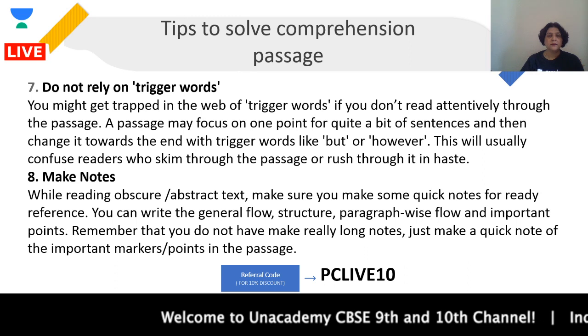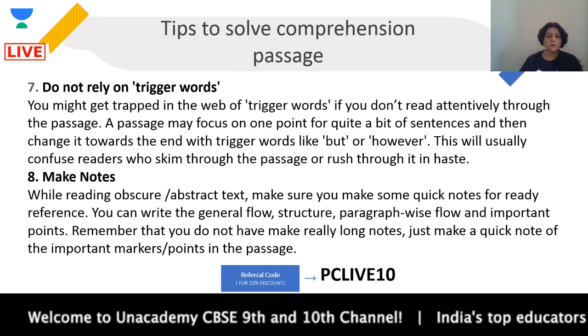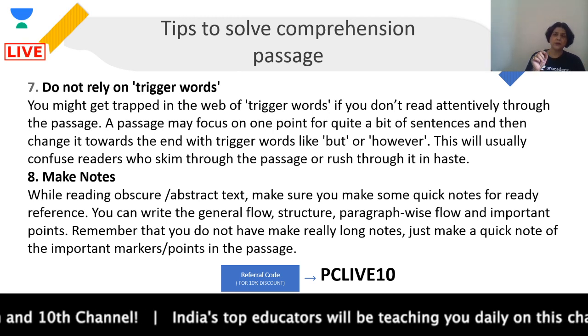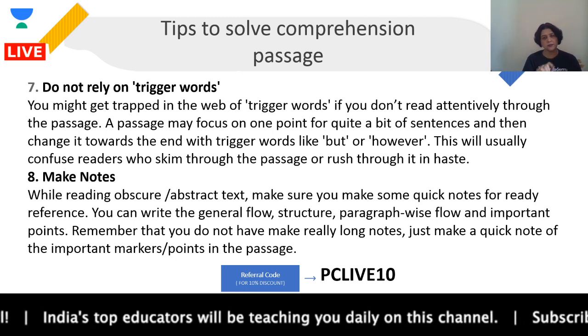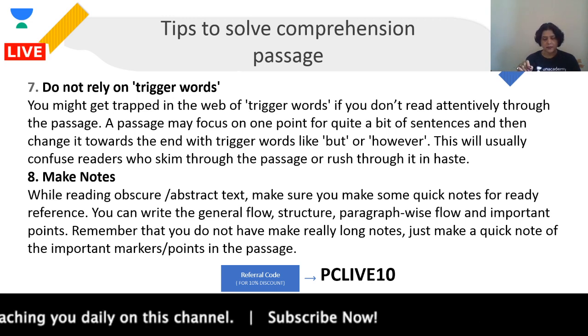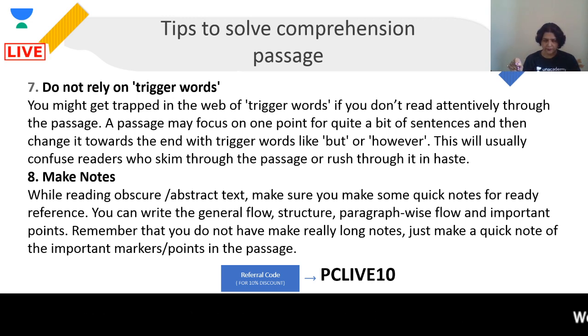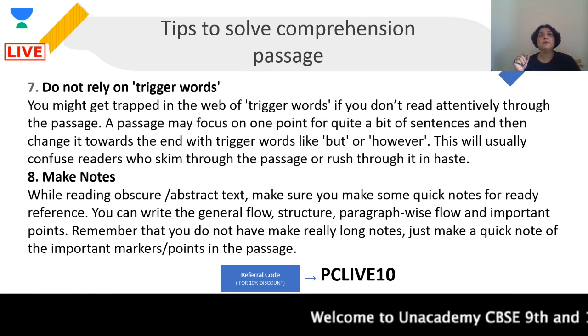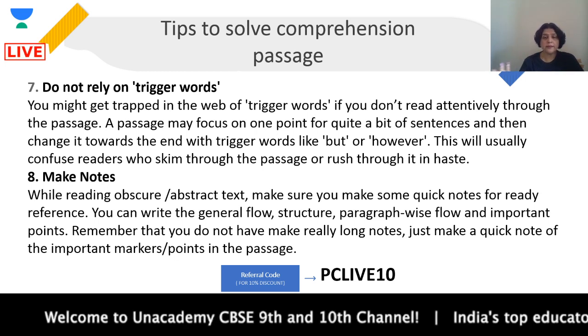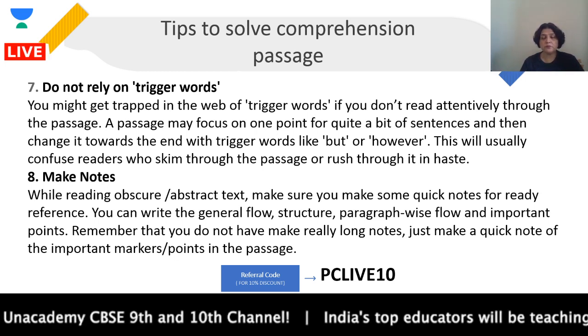Okay. Now comes making notes. Yes. While you are reading a comprehension passage, either you annotate the passage, underline it with the help of a pencil, or in the question paper. If you want, you can just scribble certain pointers which you may feel are going to help you write the answers.